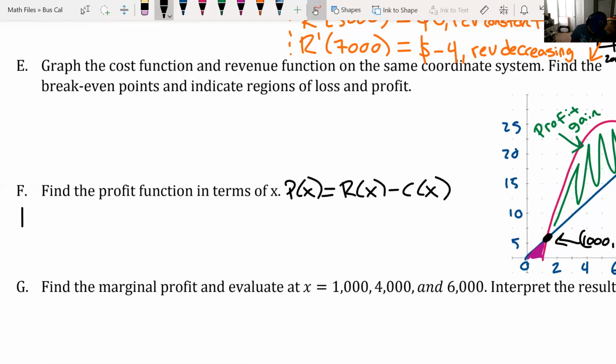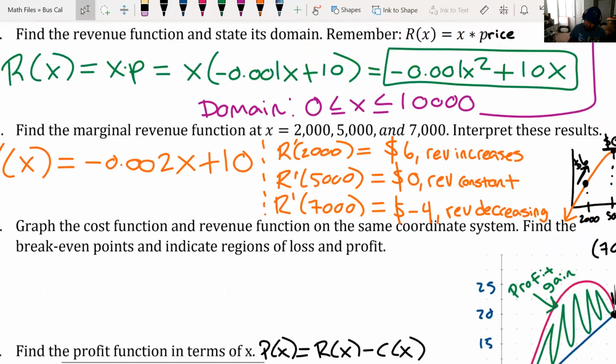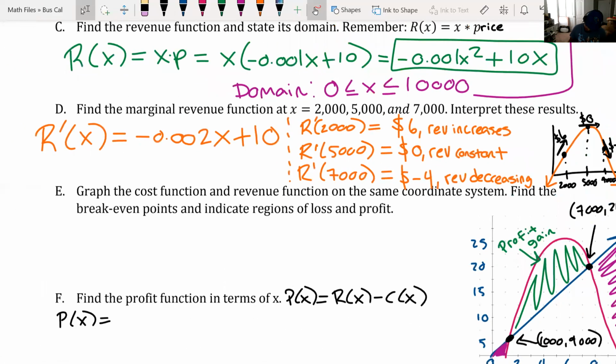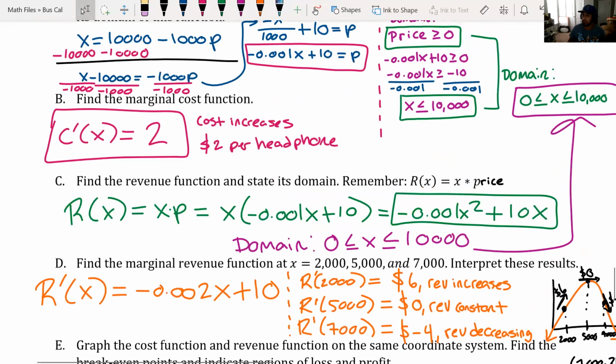So for profit, we have to enter the revenue function, which is right there, negative 0.001 x squared plus 10x minus the cost function, which was 7,000 plus 2x.